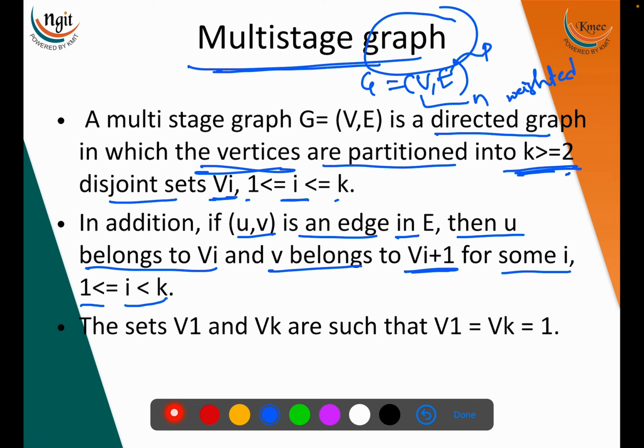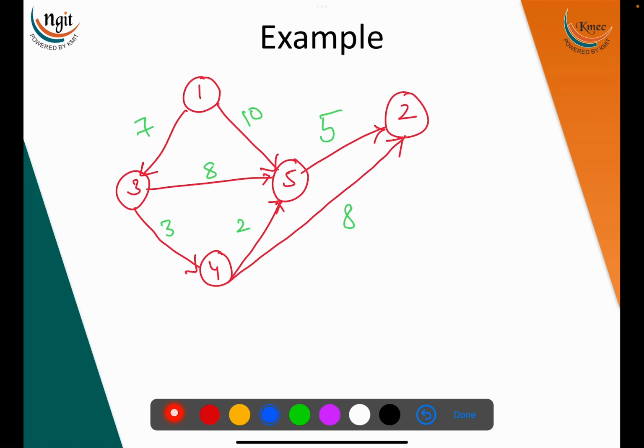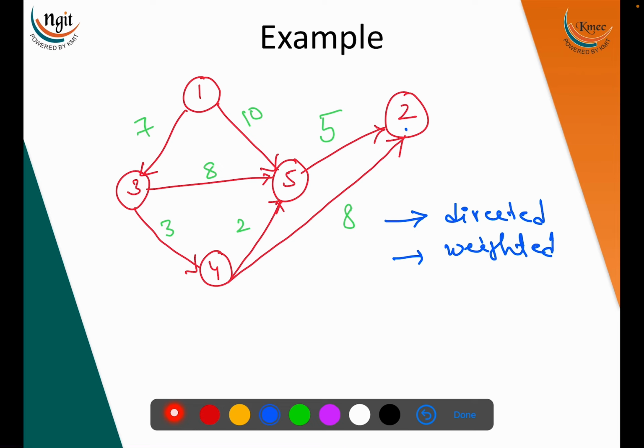We'll take an example to show how these two definitions reflect in the graph. Now this is the example where you can understand what is multi-stage graph. The first feature of multi-stage graph is it is a directed graph, so you can find the directions from one vertex to the other vertex. And it is a weighted graph, that also you can find in the given graph. So this is the edge of the graph, and this is the weight of the graph, the cost of the edge.